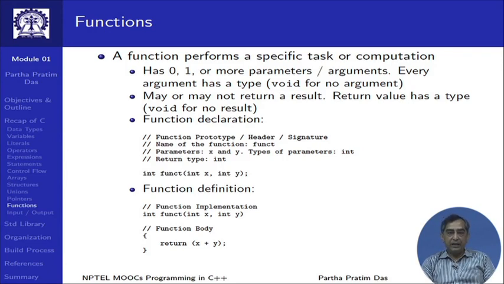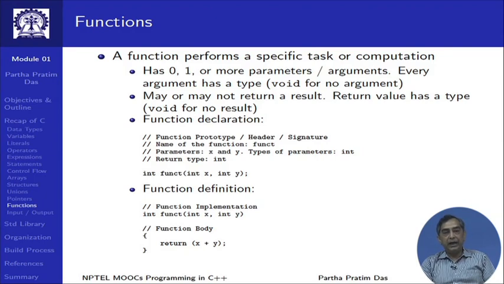In such cases, if we just terminate the list of arguments with a semicolon, we say this is a function header or a function prototype or a function signature.